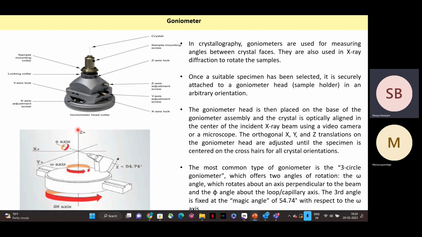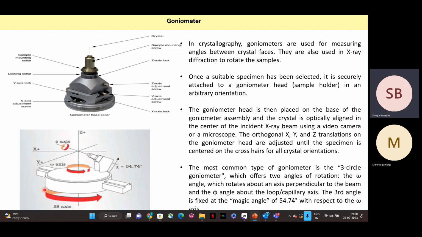The orthogonal XYZ translations on the goniometer head are adjusted until the specimen is centered on the crosshairs for all crystal orientations. The most common type of goniometer is shown here, which is the 3-circle goniometer.